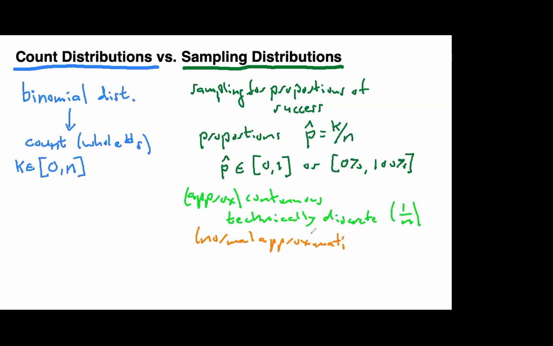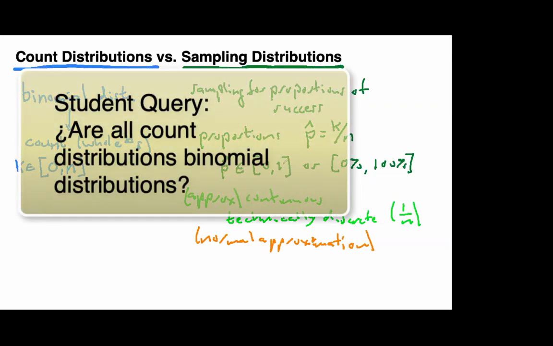We can use the normal approximation because it's continuous, and because when we plot the proportions, they appear to very closely follow a normal distribution. All right, so far so good.